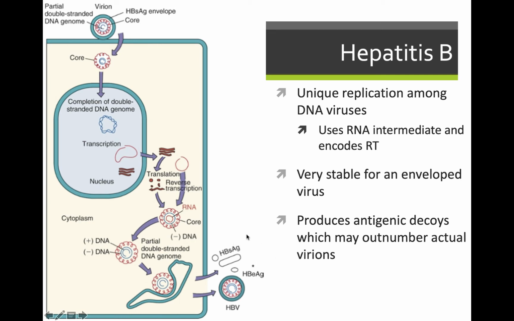So these decoys are basically supposed to engage with the antibodies, allowing the viruses to continue to spread. Sneaky, right? The genome can integrate, which is why you can have that chronic infection, you can have progression to cancer.